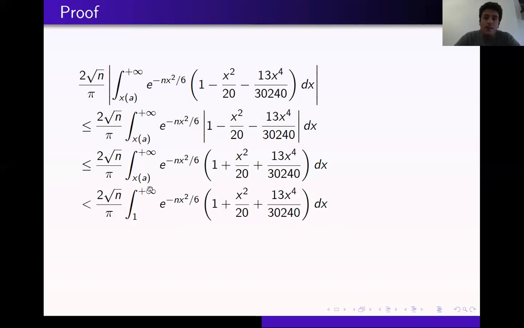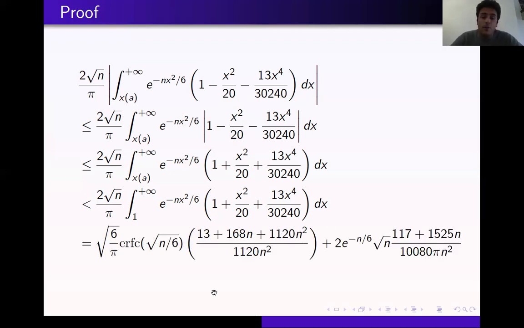And how to compute this? Well, this is very simple. The first term, for instance, you can compute explicitly in terms of the complementary error function, right? This is regarding the first term, the 1 times this. The second one can be computed easily by doing integration by parts, and the third term by integrating by parts 2 times.